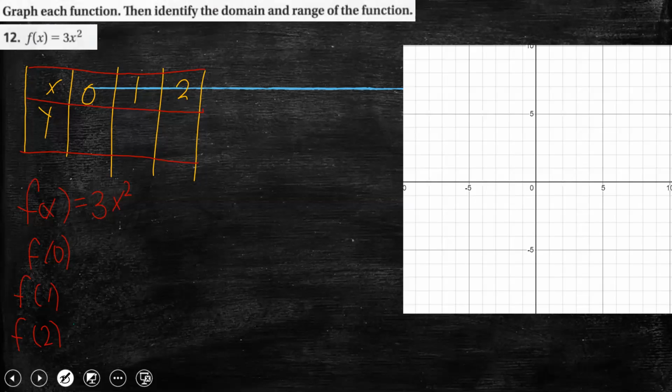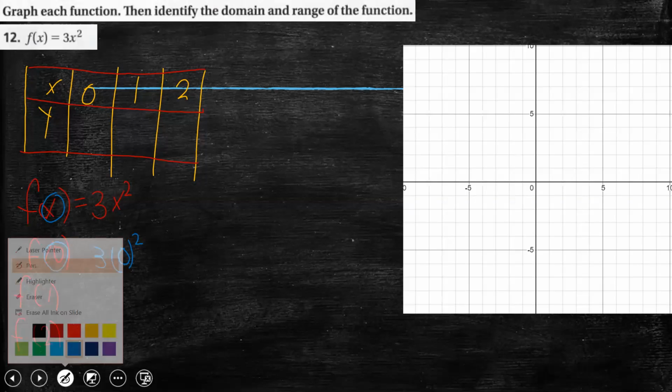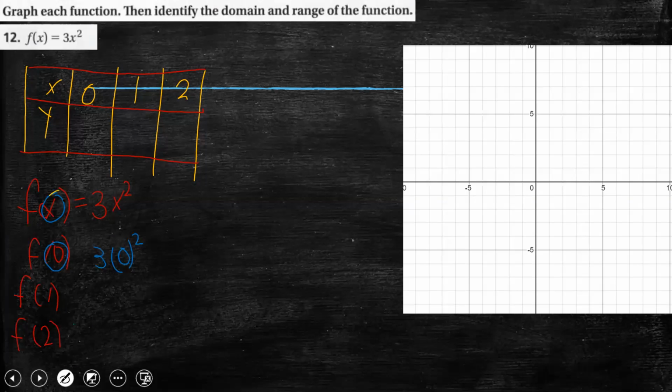So you have now to change. Since now I change x with 0, you have to change any x with 0. Here, since I changed x with 1, you have to change any x with 1. And here also with 2.